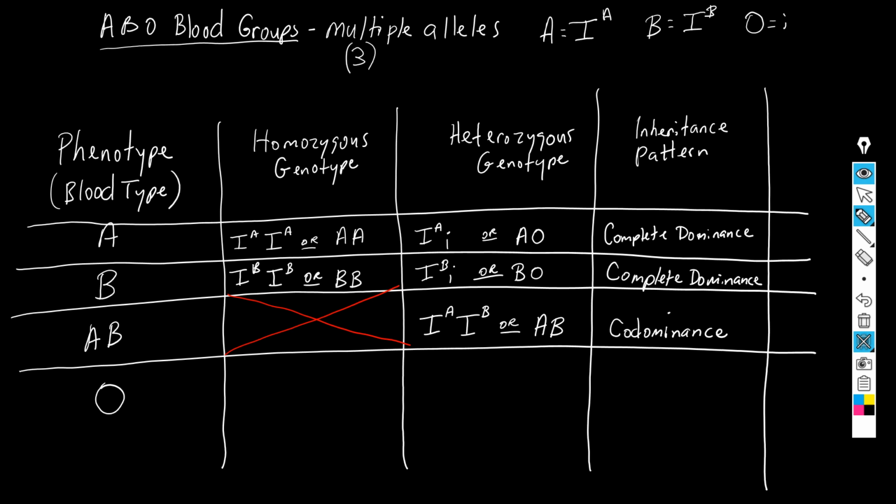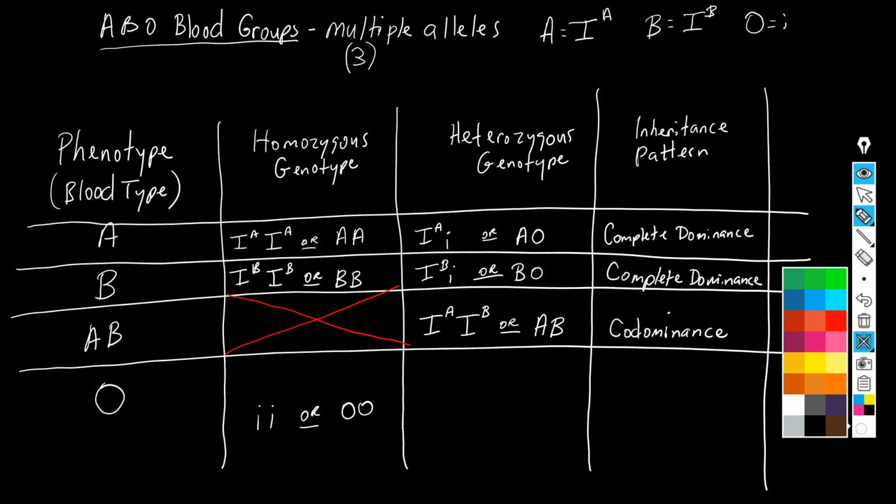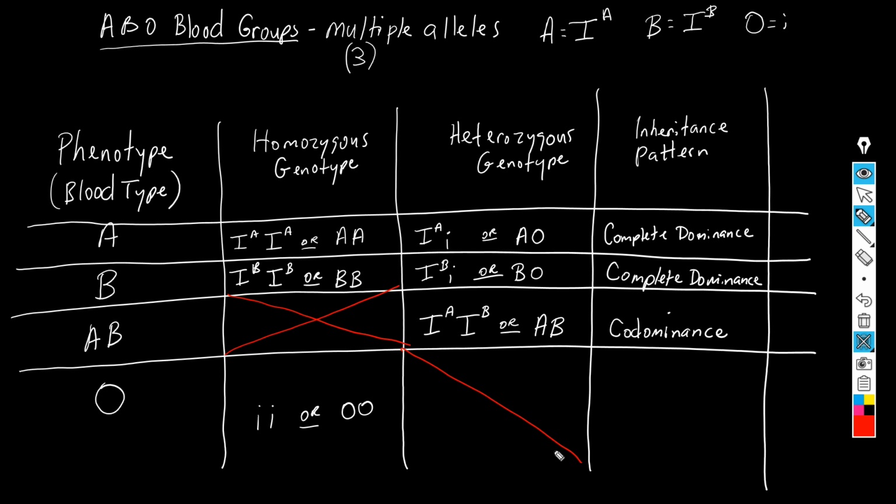Blood type O, homozygous genotype. You could represent that as little i, little i, or O, O. Just like type AB did not have a homozygous genotype, type O does not have a heterozygous genotype, because we've already established if O is with anything else, either an A allele or a B allele, then it is masked because A and B are completely dominant to O. So the way that type O is inherited is it is recessive.